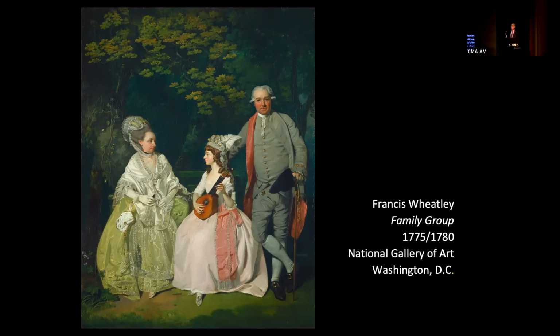The woman seated on the left is wearing a wide hooped skirt. The French term for this was paniers, which is the French word for basket. You basically strap these basket-like contraptions around your waist and wear the skirts over it.